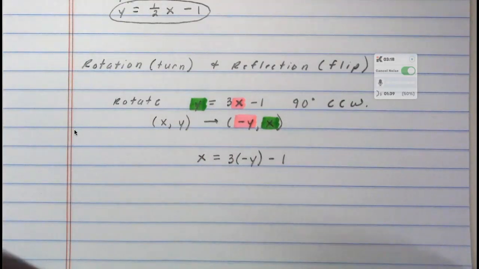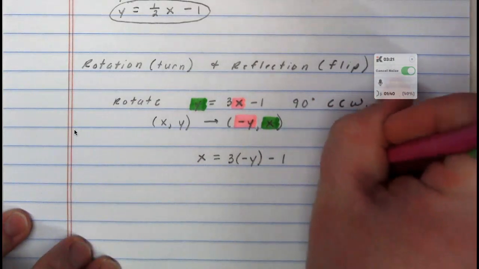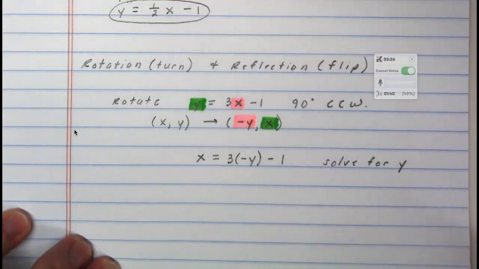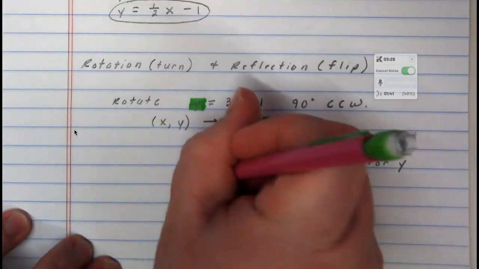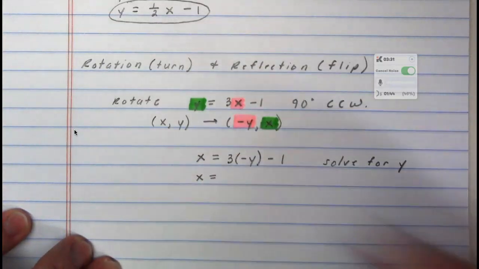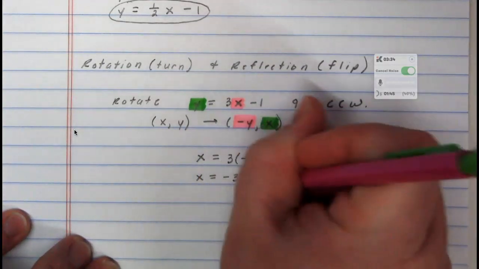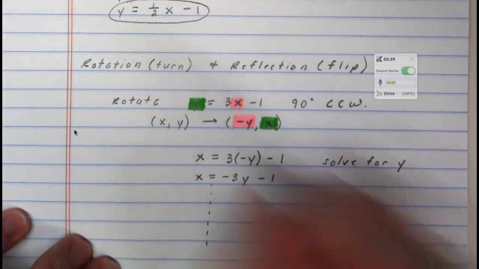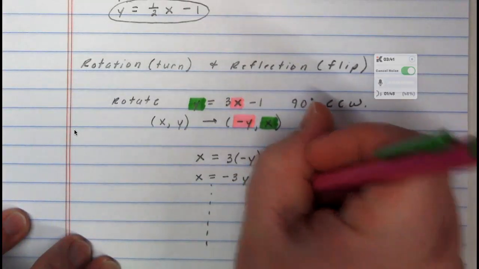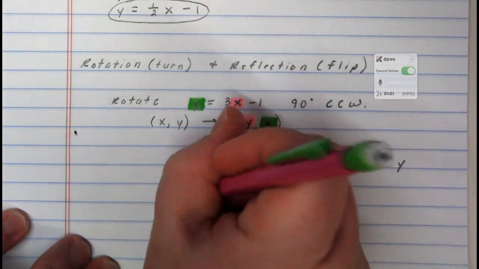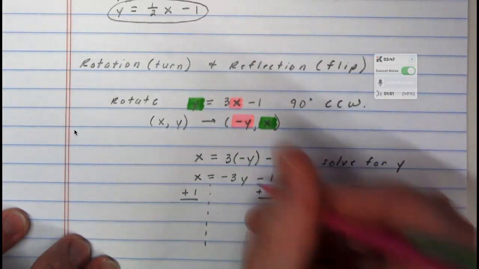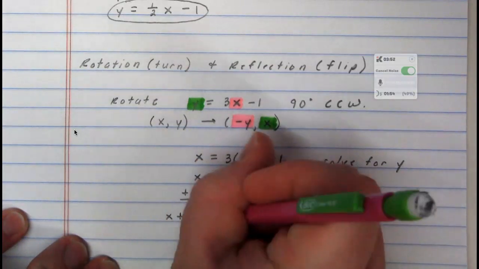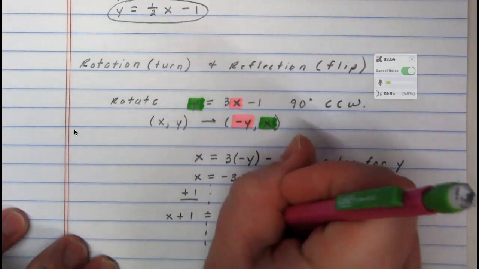And then we solve for the y. So in order to do that, I'm going to first multiply 3 times negative y. That's negative 3y minus 1. And we need to do some manipulating here, so we're going to add 1 to both sides. So this cancels, and we're left with x plus 1 equals negative 3y.